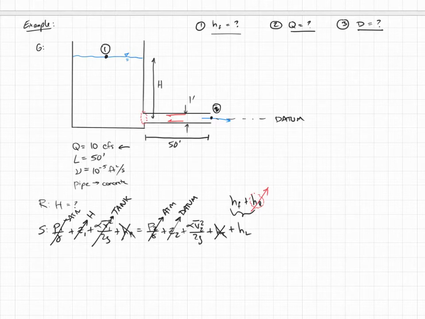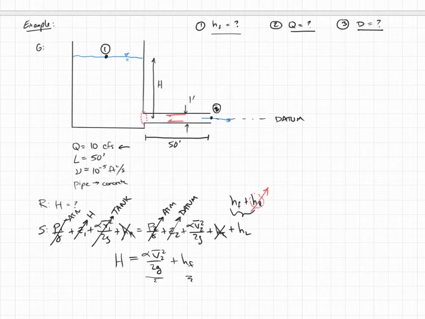On the left-hand side, H. All of our energy on the left is basically potential energy, equals alpha V2 squared on 2g plus HF. So some of that potential energy is being used up in friction, and the rest is being used to power the velocity here.